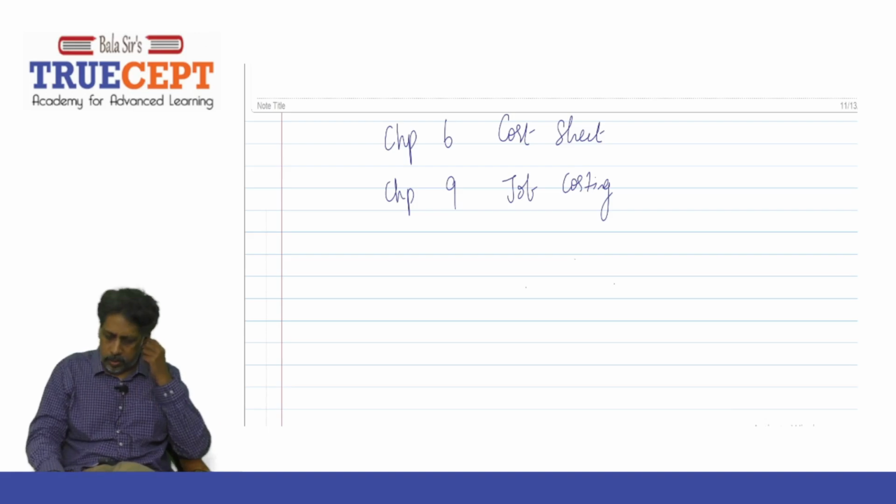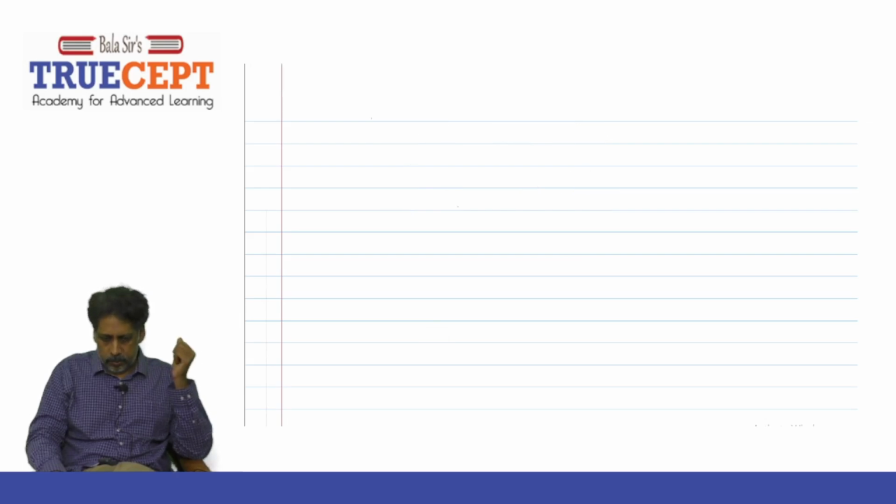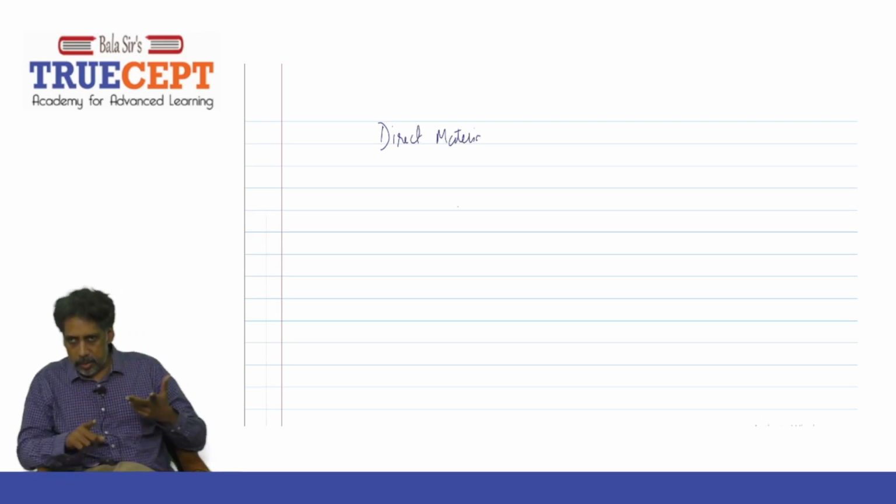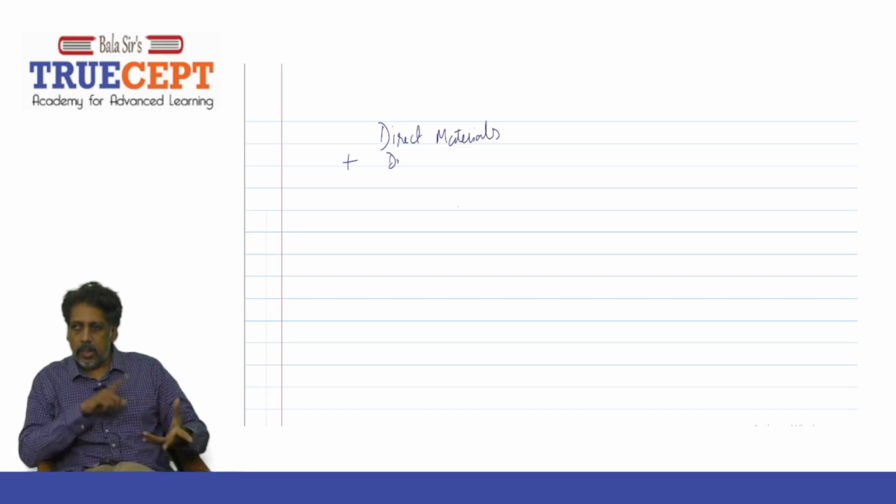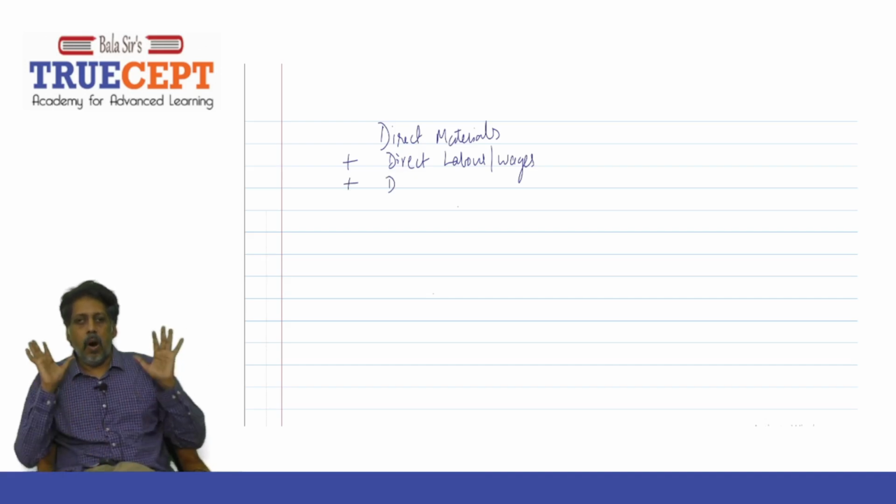First, write this: direct materials, plus direct labor, or say direct wages, it's all the same, plus direct expenses, all put together.